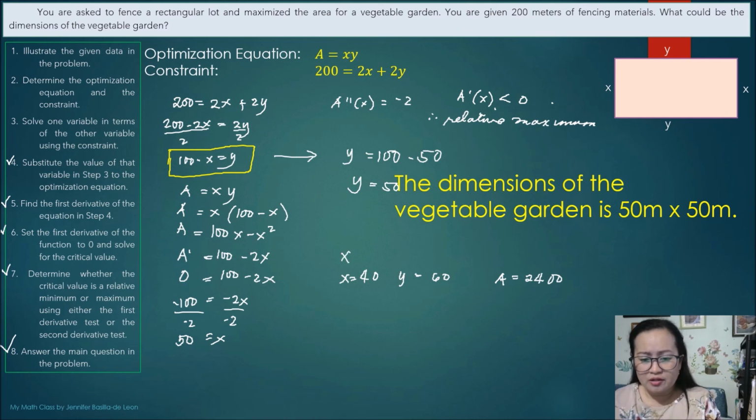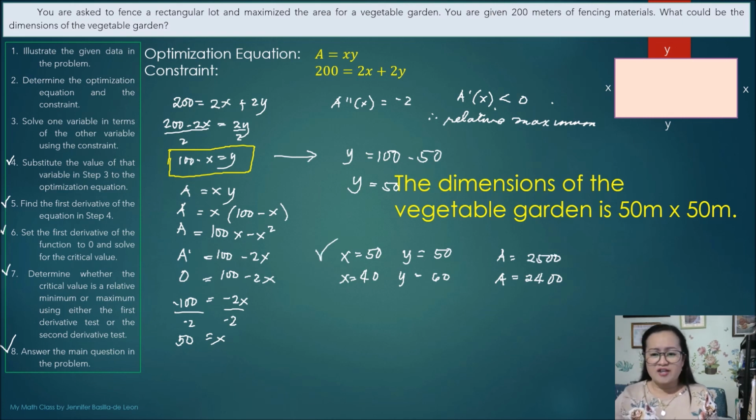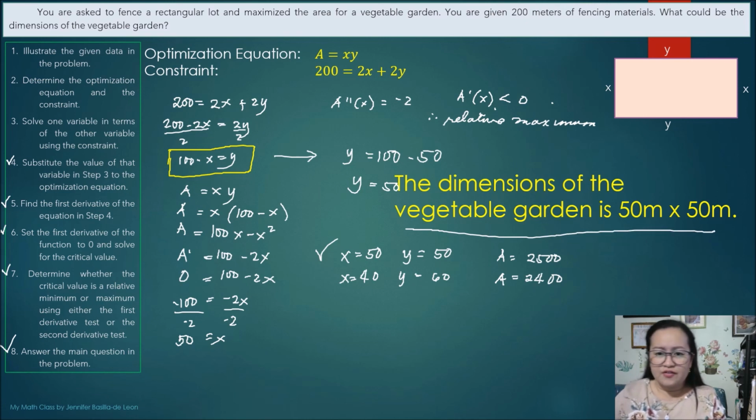Whereas if we have 50 for x and y, the area would be 2,500. Still, this is the highest area. So that confirms our answer that in order to maximize the area of the vegetable garden given only 200 meters of fencing materials, we should have 50 meters by 50 meters.